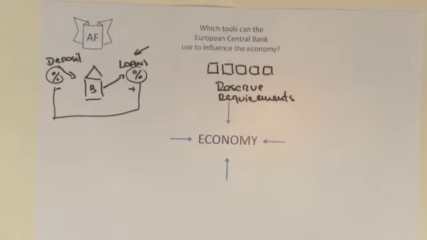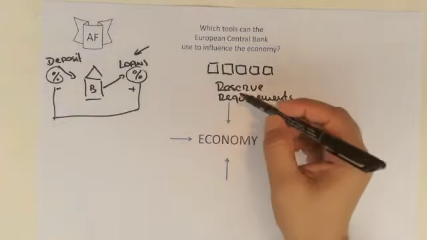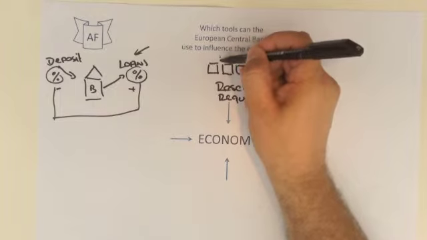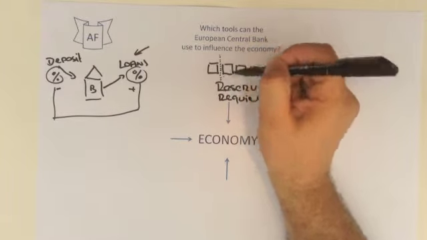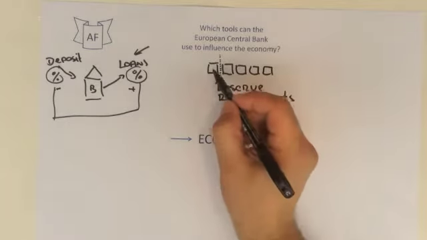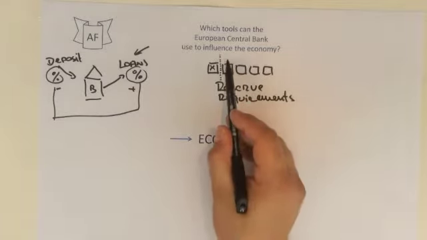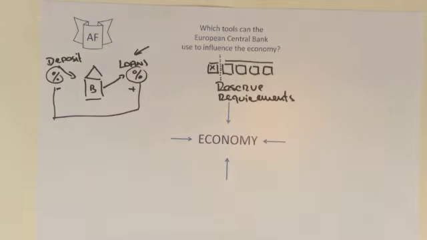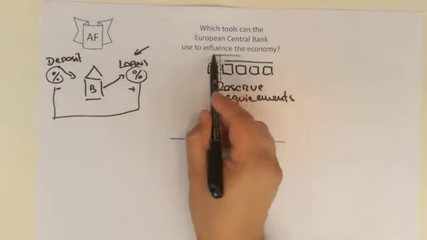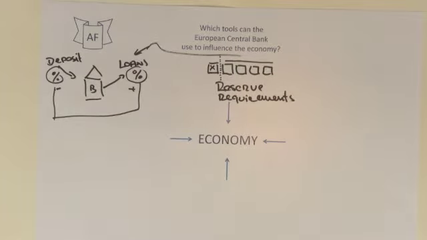Then what the central bank does is they come in and they say, well, if you've got 5 deposits, you need to keep a minimum reserve, which is this one, and make sure that this is available at all times. And the other ones here, you can make loans out of.